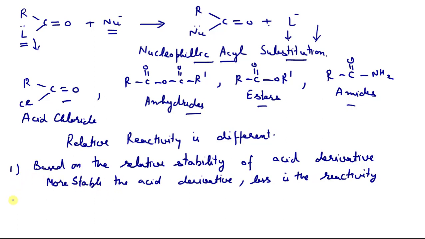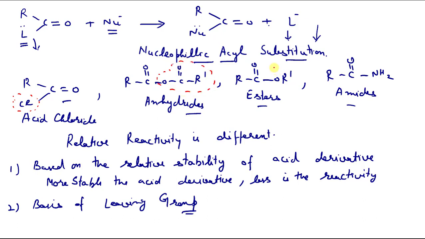Second, we will explain on the basis of the leaving group. In acid chloride this is the leaving group, in anhydride this is the leaving group, in ester this is the leaving group, and in amide this is the leaving group.